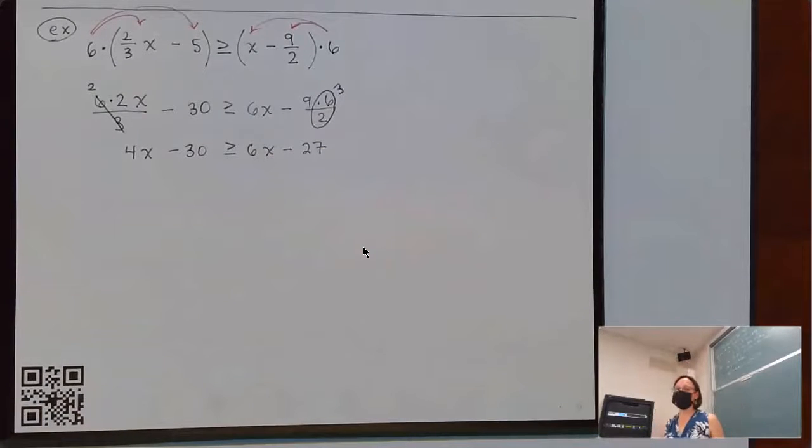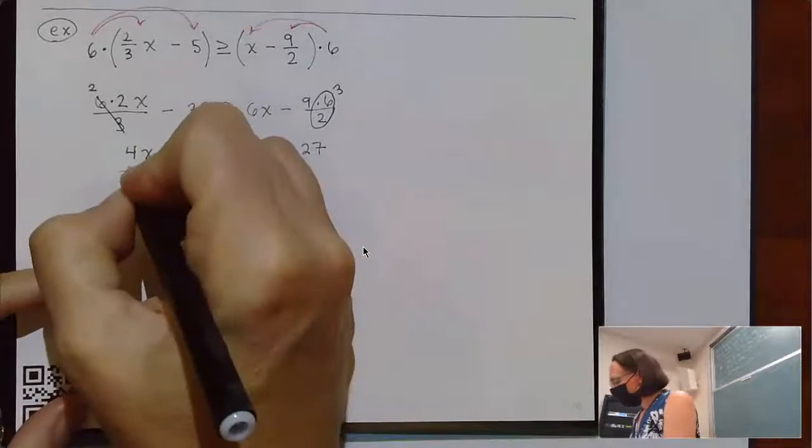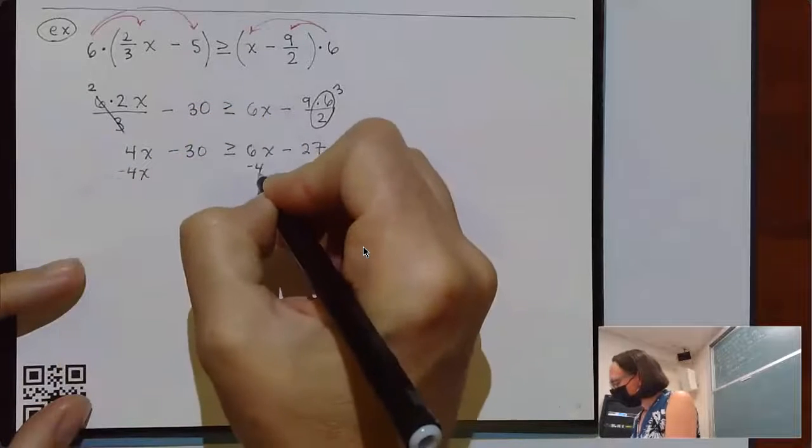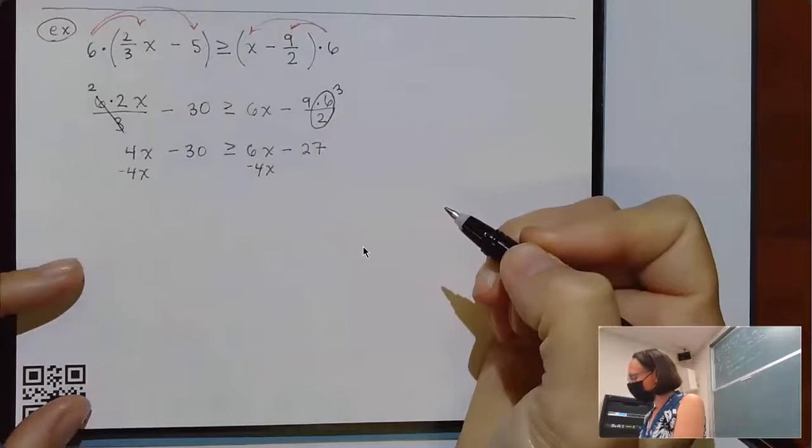So if I were doing this, I'm going to look at that and say, I want my x's on the right-hand side so that the coefficient on x turns out positive. It doesn't actually matter which way you do it. That's just my personal preference. So I'm going to subtract 4x from both sides.